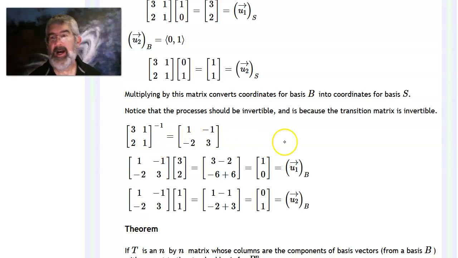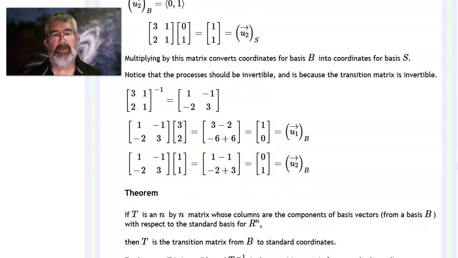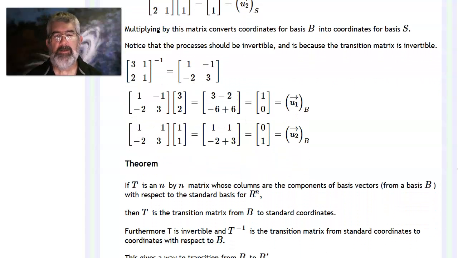What this does now is it gives me a way of converting from basis B to basis B prime by taking a stop at basis S in the middle, right? Go from B to S and S to B prime, and I can very easily write down what those matrices are, right? So here's my theorem.